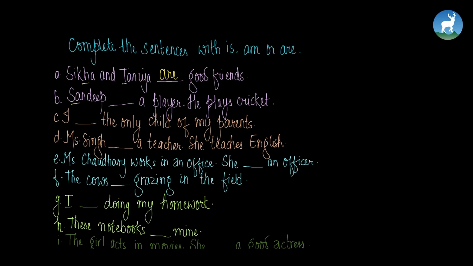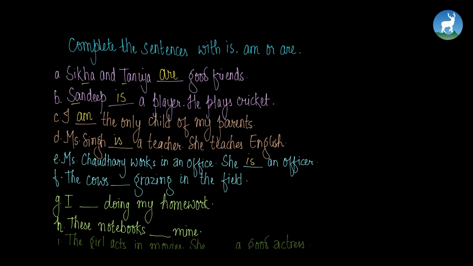So for singular subjects we use is. I dash the only child of my parents. For I we always use am. Mrs. Singh dash a teacher. She teaches English. Miss Chowdhury works in an office. She dash an officer. She is an officer.